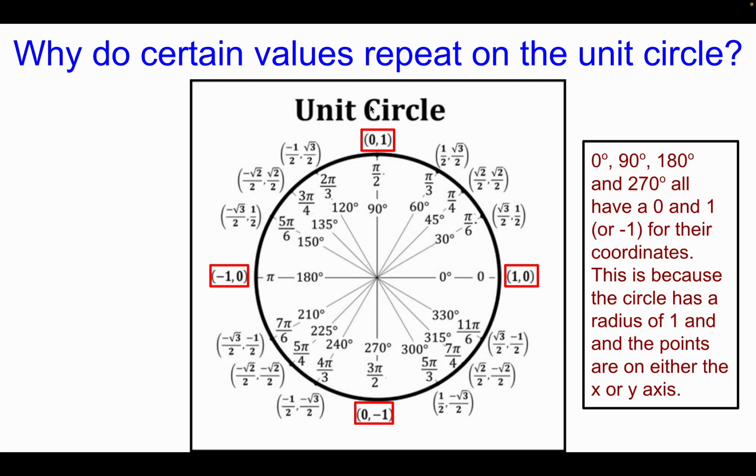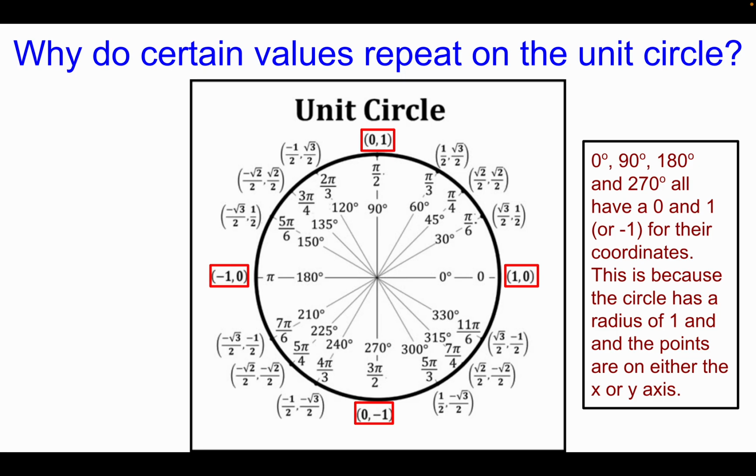So we've got (1, 0), (0, 1), (negative 1, 0), (0, negative 1). And this is because the unit circle has a radius of 1, right? So if you measure from the center to the edge, that's 1 unit. And all of these points are either on the x or y axis. So this point is on the x-axis, so it has an x value of positive 1. This point is on the y-axis, so the y value is positive 1, and so on and so forth.